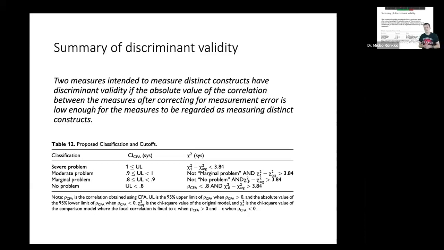And if the correlation is between 0.9 and 1.0, then that would be considered problematic, and it would need to be addressed somehow. And if two items are indistinguishable, correlated at 1, then there is a severe problem with discriminant validity. But any cutoff is ultimately arbitrary, so take that into consideration. And there's also always, like if you measure gender and sex, the measures will be correlated, so these cutoffs will not apply.